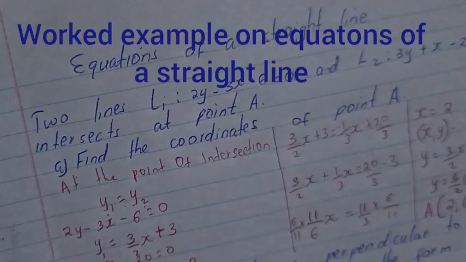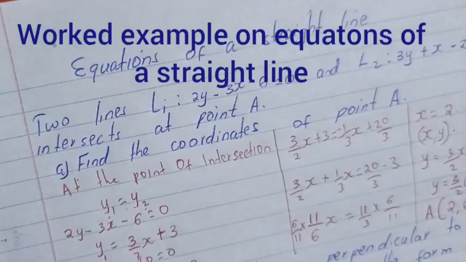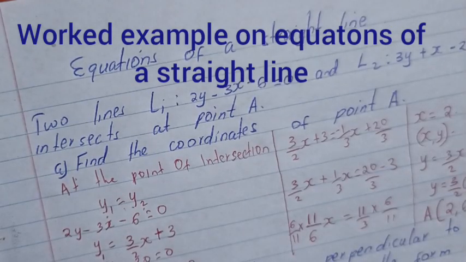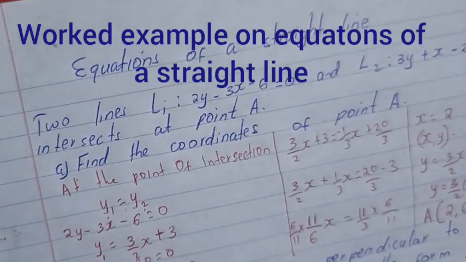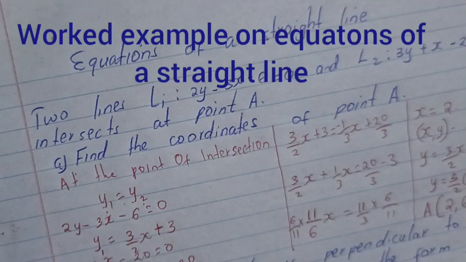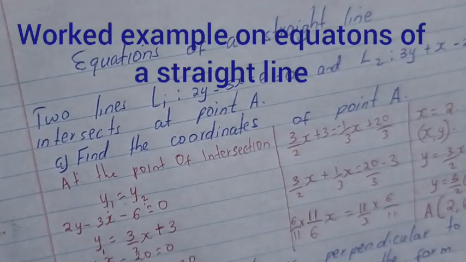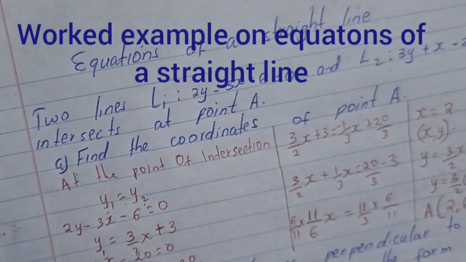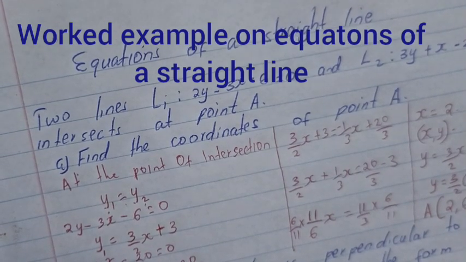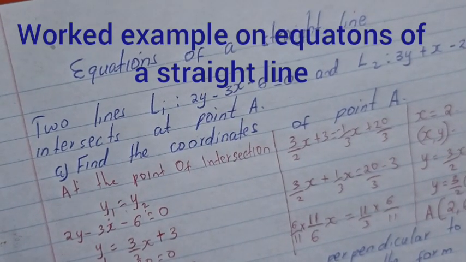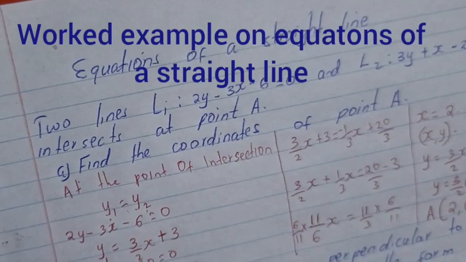If the line is perpendicular to L2, and we know that L2 has a gradient M2 which is equal to negative 1 over 3, that means the third line L3 will have a gradient M3, whereby M2 multiplied by M3, for perpendicular lines, gives negative 1, and that means M3 should be equal to 3.